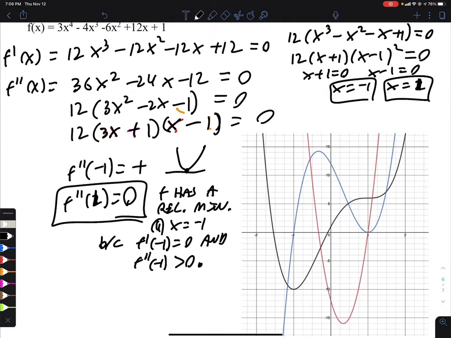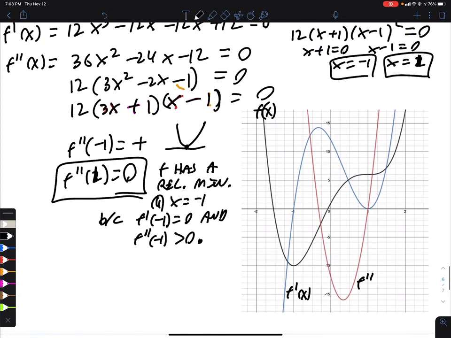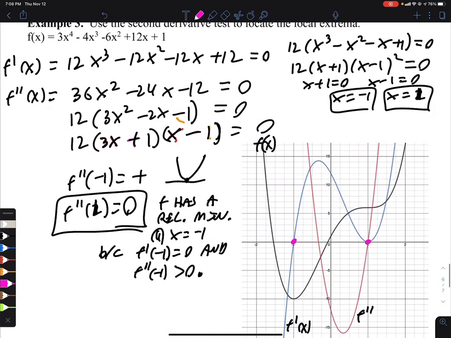So let's look at this real quickly. We have our original function, f of x. We have the blue function, which is the derivative, and the red function, which is the second derivative. We have 2 points where the first derivative is 0, -1 and 1. That's what we found here.